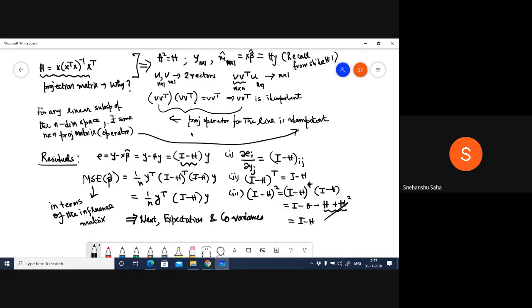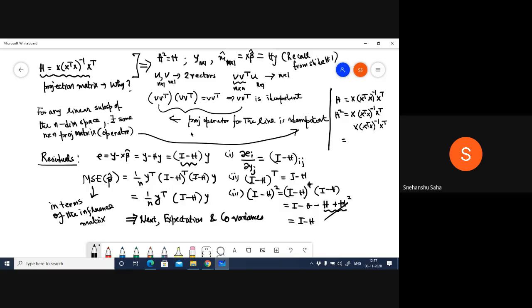So H matrix is idempotent because, okay, let me go back. H is X times (X transpose X) inverse X transpose. So if you take H squared, what are you going to get? It's X (X transpose X) inverse X transpose, and then X (X transpose X) inverse X transpose.